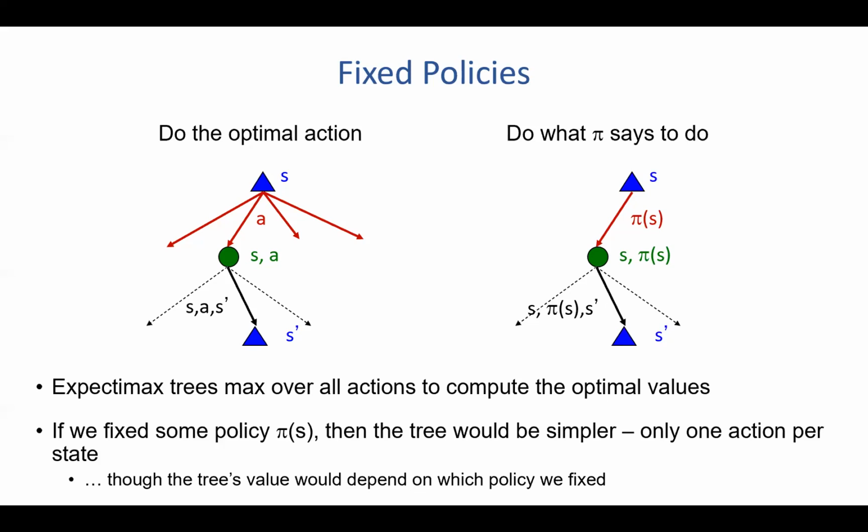But suppose somebody just hands you a heuristic, and tells you, don't do anything other than what is given to you. Then that means that at each possible step, you're given an action, what action to take. So you basically are removing the max function, right? Because at each step, you're already told what to do. So you only have just one action possible at each step, because you are given a policy already.